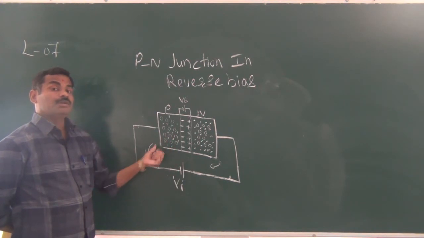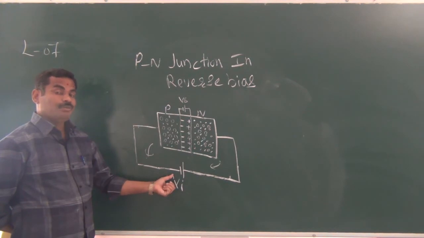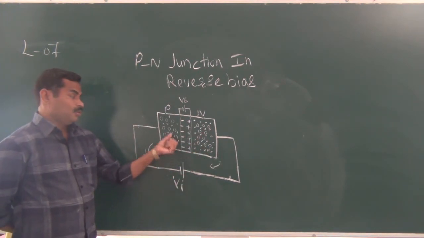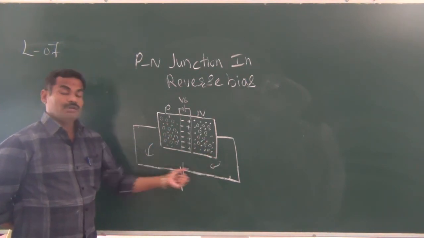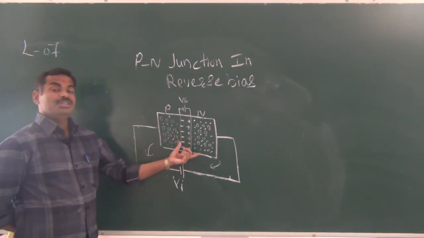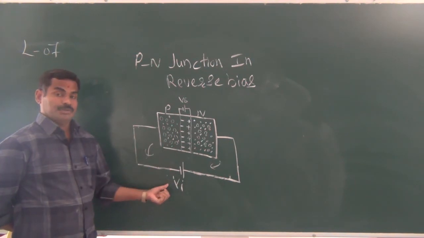The holes are attracted by the negative battery and the electrons by the positive battery, so both move away from the junction. Then what happens? They will increase the depletion layer, because the electrons and holes are moving away from the junction.